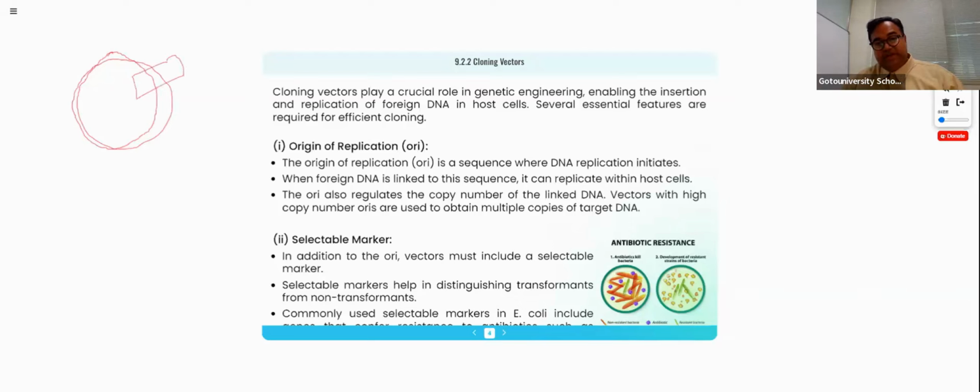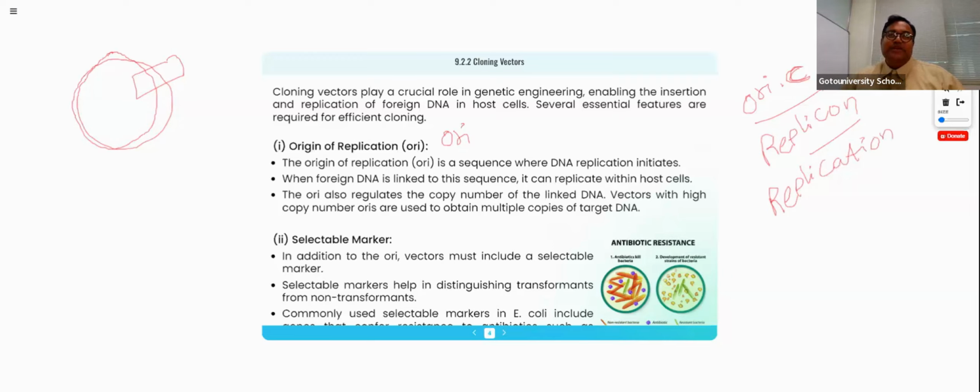That is nothing but ori C. In some books they will write ori, and in the international books, in the IB curriculum, you can see ori C. Instead of saying ori C, you can say replicon, also called origin of replication. Ori C is also called replication initiation point, or replicon.